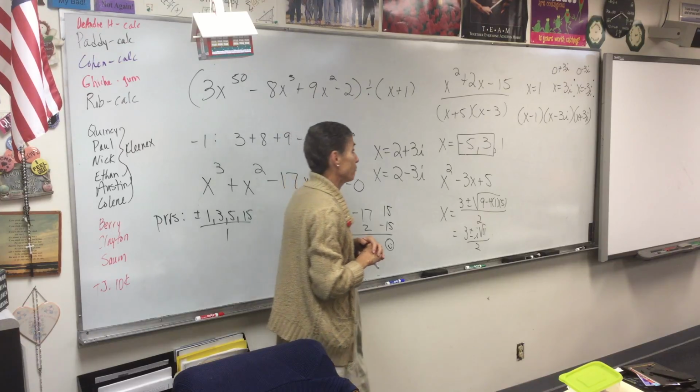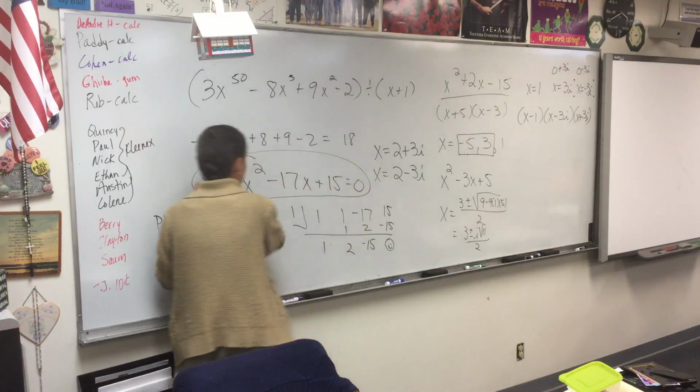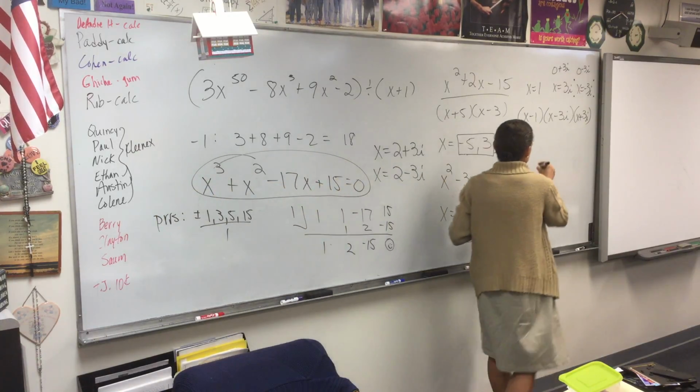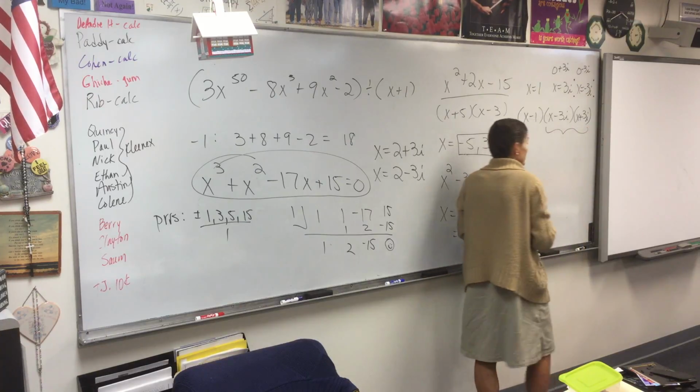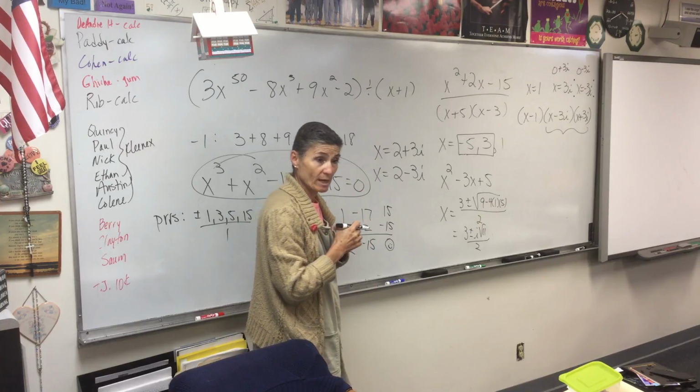Alright, now you gotta FOIL it out, because remember, your goal is to come up with an equation that looks like this. So we'll start foiling, and I would recommend when you have this conjugate situation, start with those, because the beauty of conjugates is stuff will cancel out.